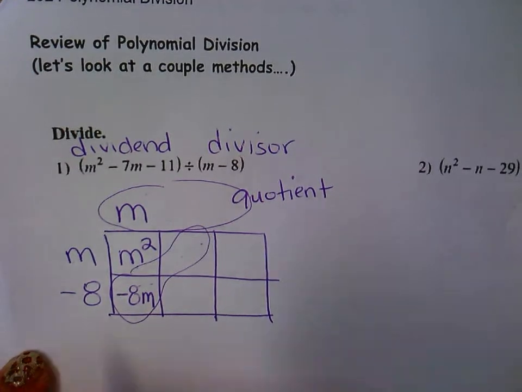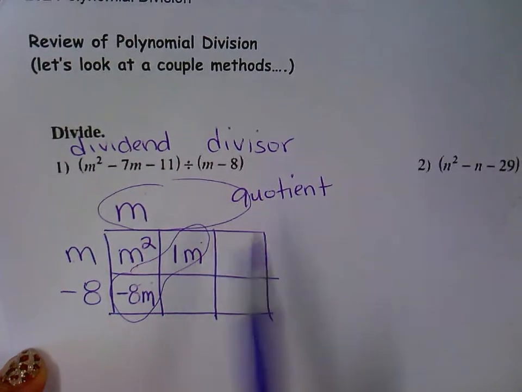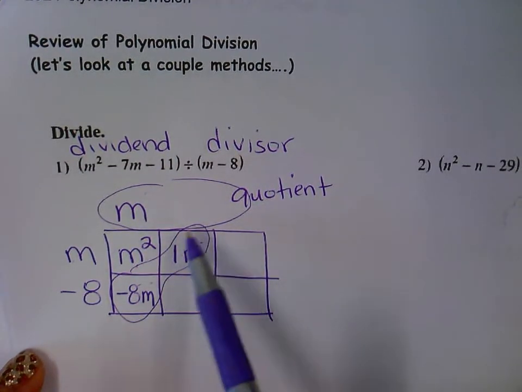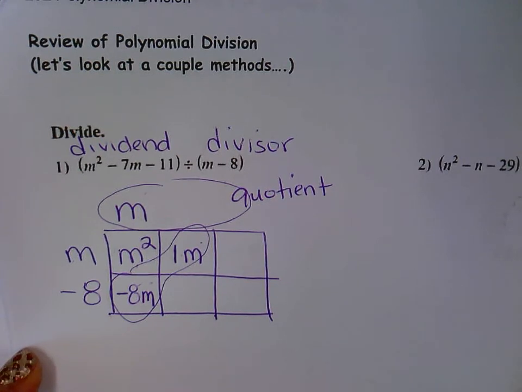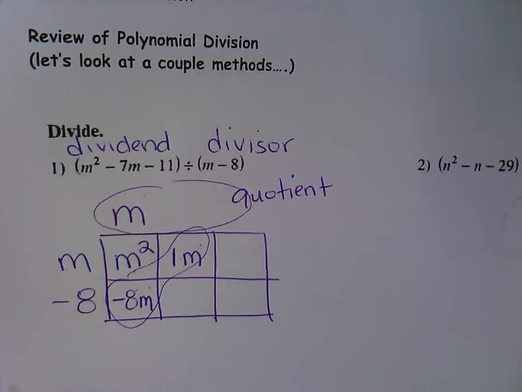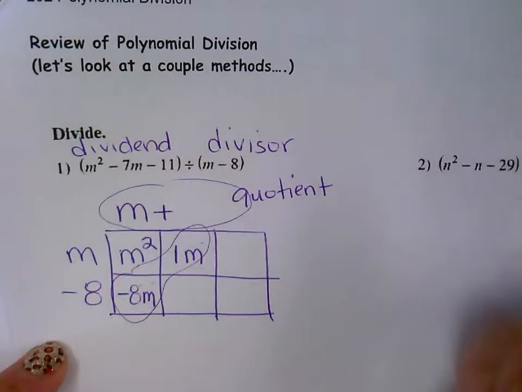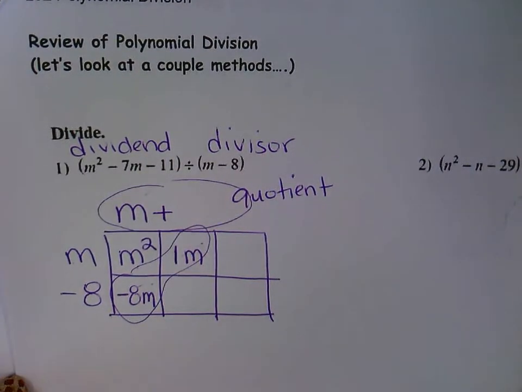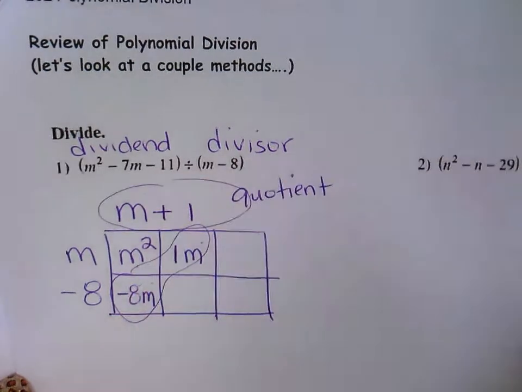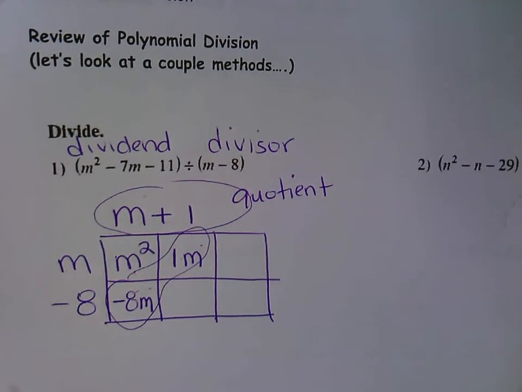So you're going to put a positive 1m inside that diagonal circle there. Now I can do the top of my quotient again. What has to go in my quotient so that when I multiply by m, I get 1m? What goes right here? Plus 1. So m plus 1 is my final answer.